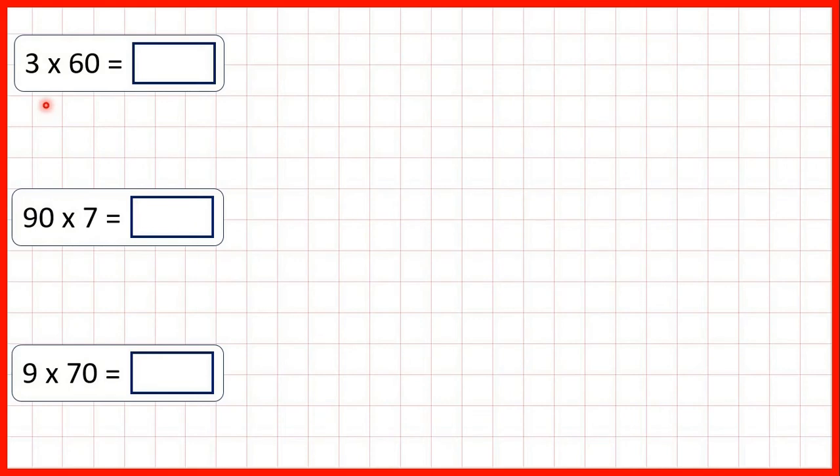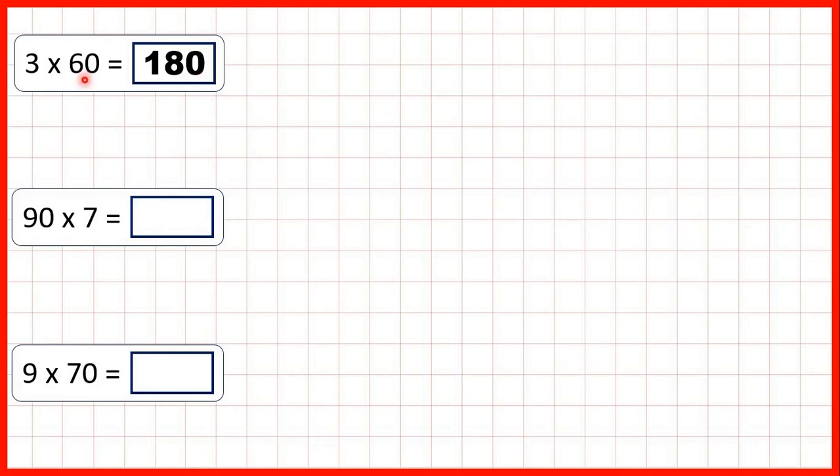Now for these questions, we need to multiply a single digit number and a multiple of 10, so a number that ends in a 0. First, we have 3 times 60. That's 180, because 3 times 6 is 18. But then, if we have one end 0 in a multiplication question, there will be one end 0 in the answer.